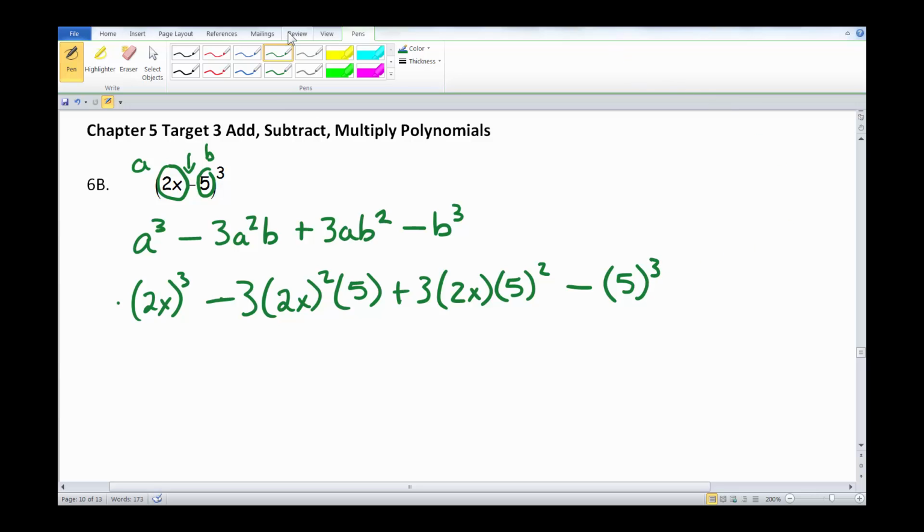So already, we don't have to FOIL and then FOIL again, or distribute. You pretty much just identify what is the a, what is the b, and then throw them in appropriately.